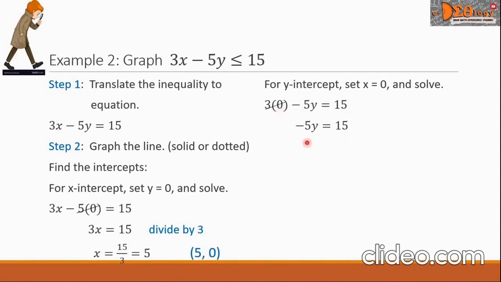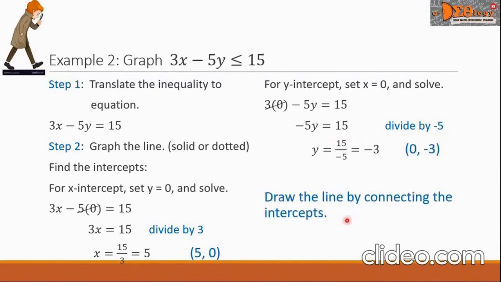We will divide the equation by the coefficient of y, which is negative 5. So this negative 5y divided by negative 5 is simply y, and 15 divided by negative 5 on the right side is equal to negative 3. Writing the y-intercept as ordered pair, we have (0, -3).